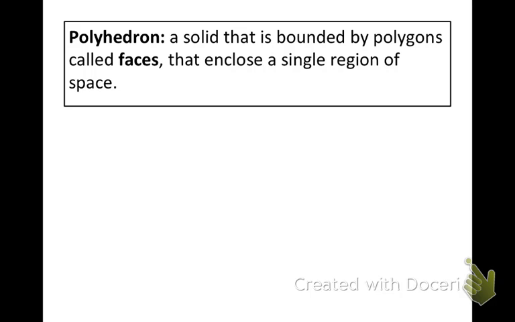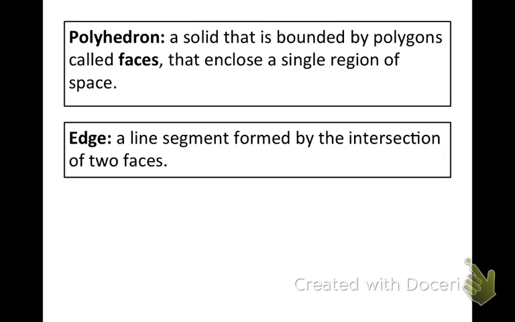What type of geometric figure is an edge? Line segment. Good. So for our definition of an edge, we're going to say it's a line segment formed by the intersection of two faces.